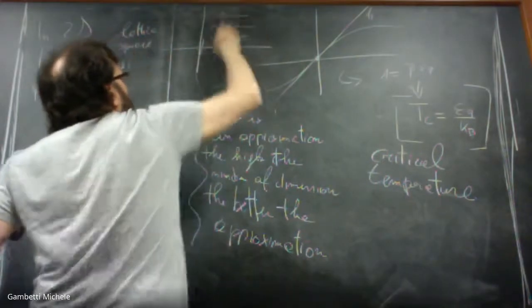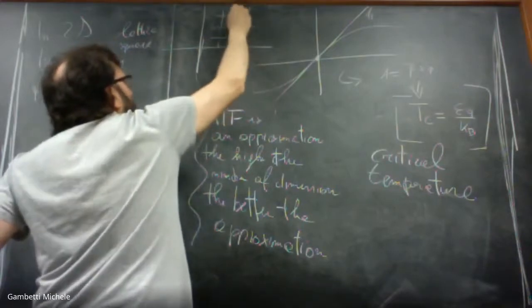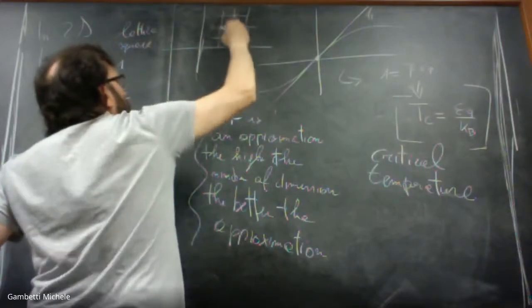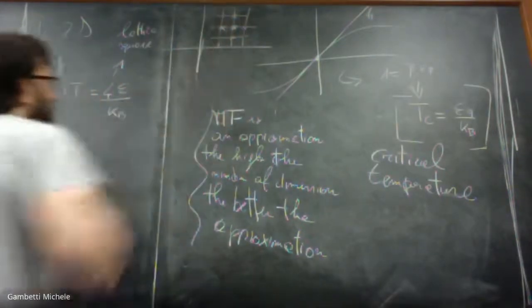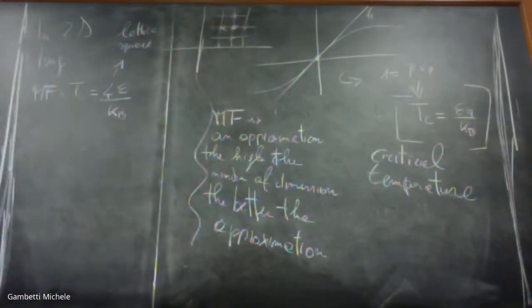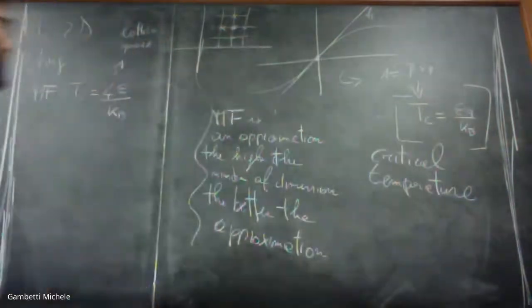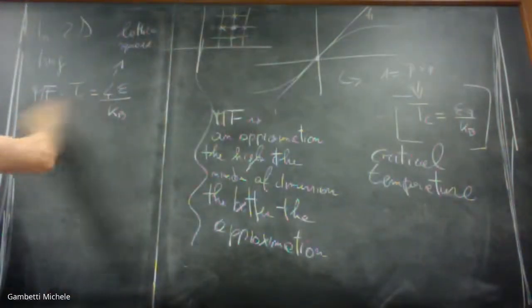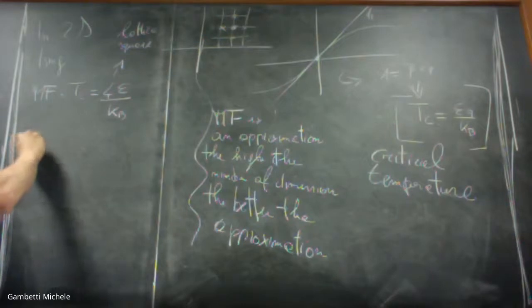So if I am sitting on this spin here, the closest are 1, 2, 3, and 4, for a square lattice. So with this geometry, q is equal to 4, and then I would predict in mean field that the critical temperature is 4 epsilon divided by kB.